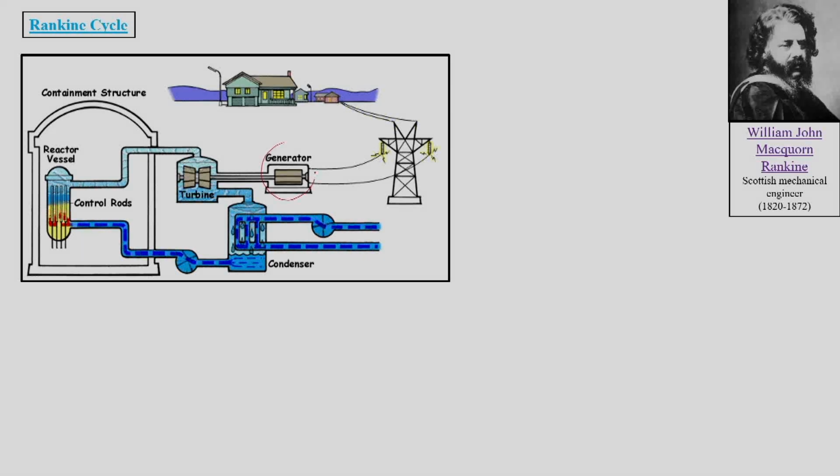So we would have a generator which is generating electricity, and that electricity would pass to the consumers. But to rotate the generator, we first have to generate mechanical power. In this case, we first have a pump. In the Rankine cycle, that pump will take water from low pressure to high pressure.